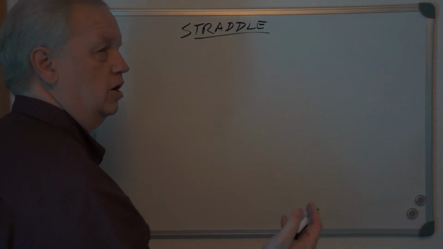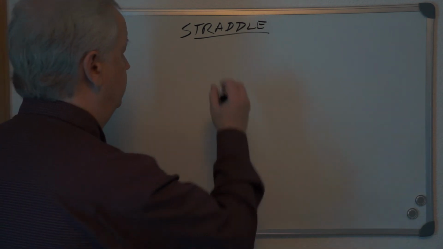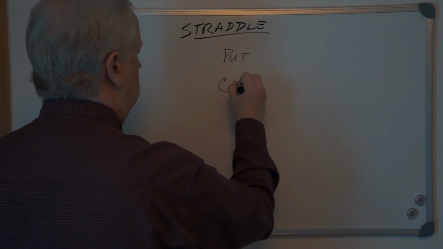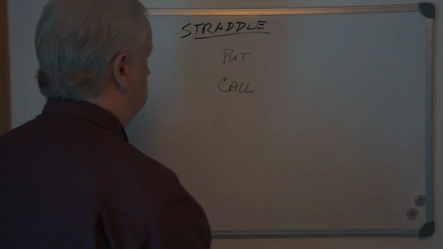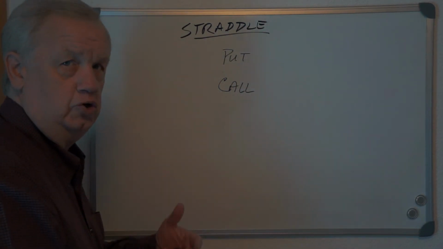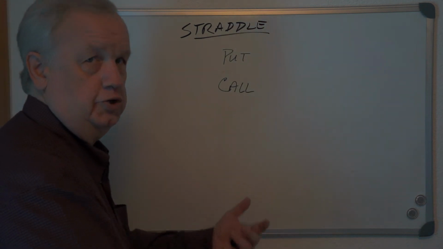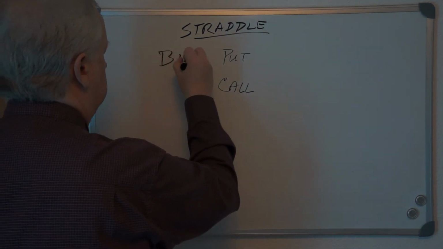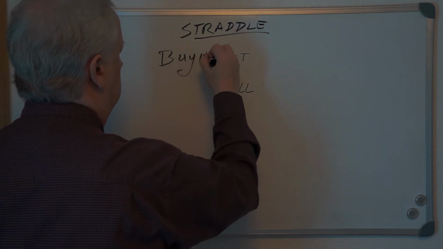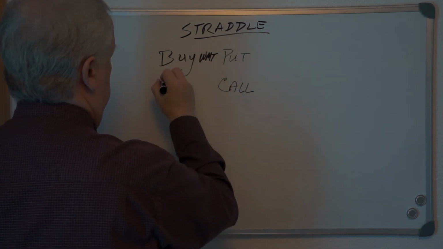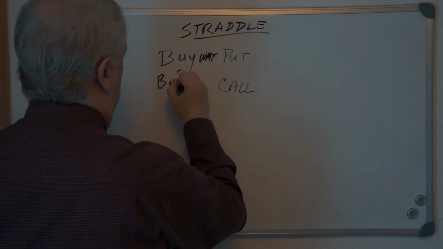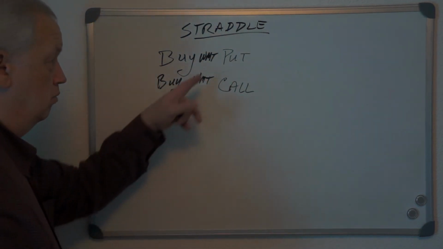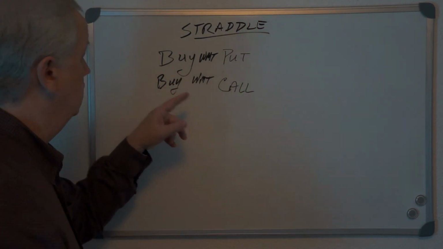What are you doing? You're doing a put and a call. Put, call. You are either buying to or you're selling to. If you are buying, remember, all on the same company.